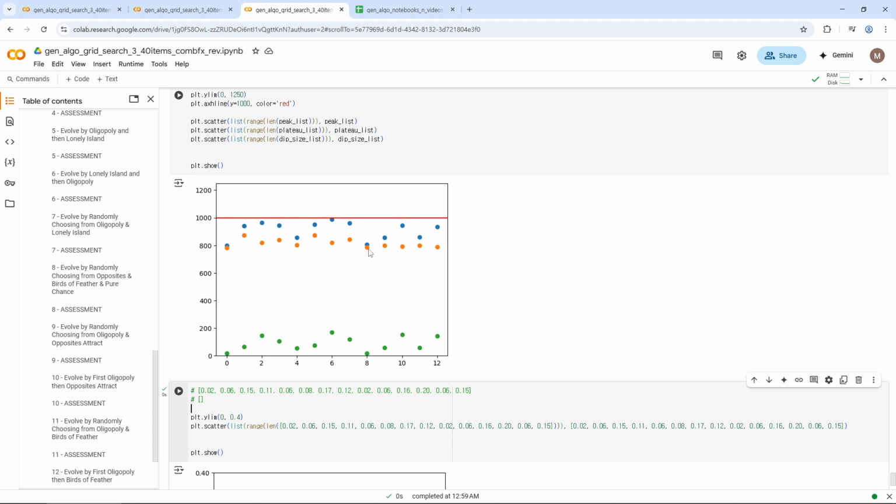However, this one doesn't meet those needs. This one doesn't solve anything, as the blue dot is too far away from the red line, meaning that it never actually peaked to its fullest potential.